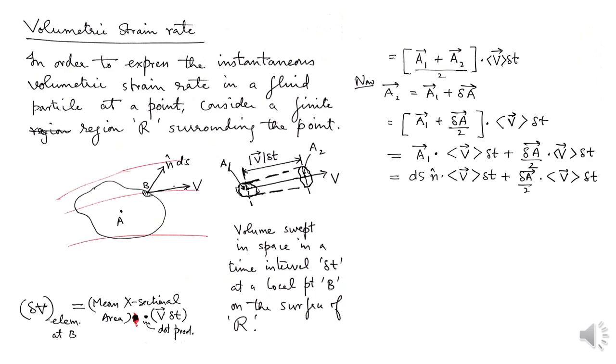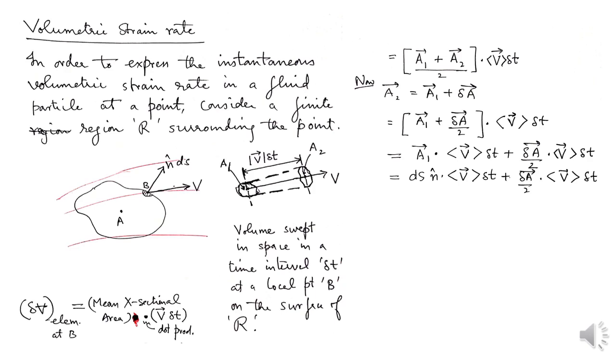And I'll show you that it's possible to derive the volumetric strain rate of this material region R. So for the set of particles that are inside the enclosed region shown by the closed curve, you can get the volumetric strain rate of that region.